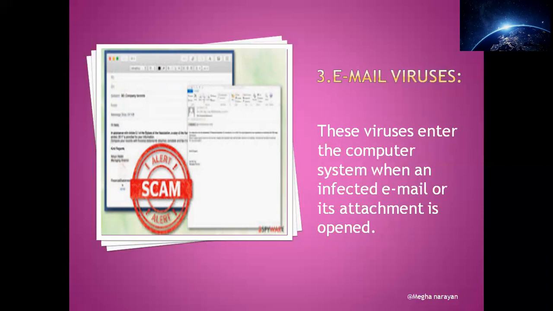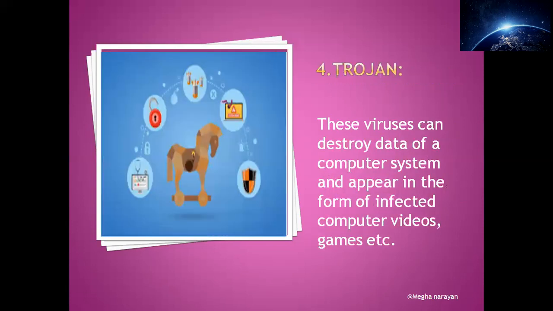And once you download and open that attachment, that file might contain virus, and thus it is again creating a path for a particular type of virus known as email virus. Opening of the attachment or opening up this email has provided a path for that particular virus to enter inside your system. Moving on to the fourth type is Trojan.